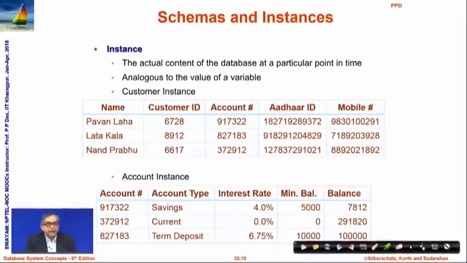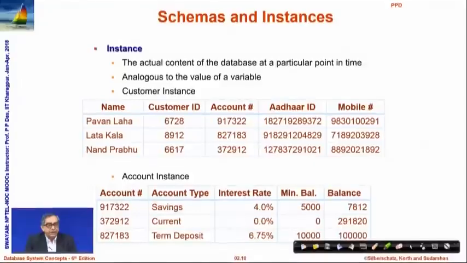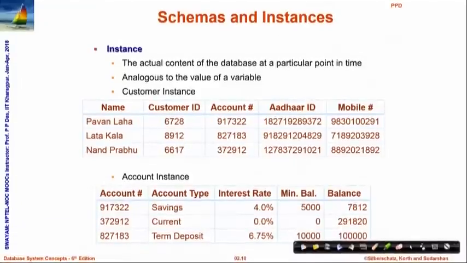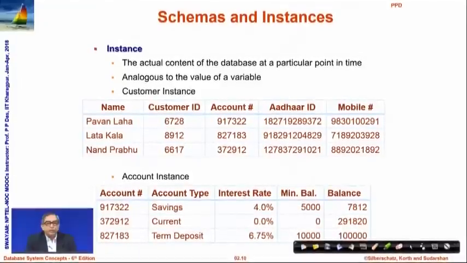Certainly, when we do operations on the database, very regularly new records will get added, some records might get deleted from this instance, and fields of certain records may keep on changing. For example, in an accounts instance, whenever a transaction is done, the account balance will change.